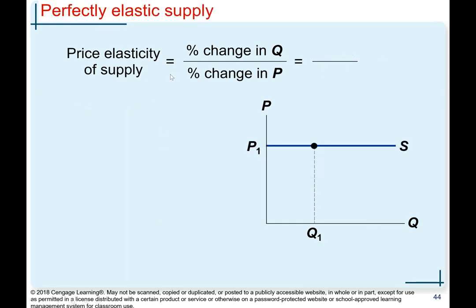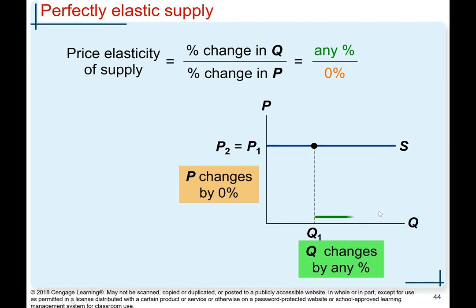What about perfectly elastic supply? When supply is perfectly elastic, the supply curve is horizontal. That means that there's no change in price. The price change is 0. And when the price change is 0, it does not matter the change in quantity.